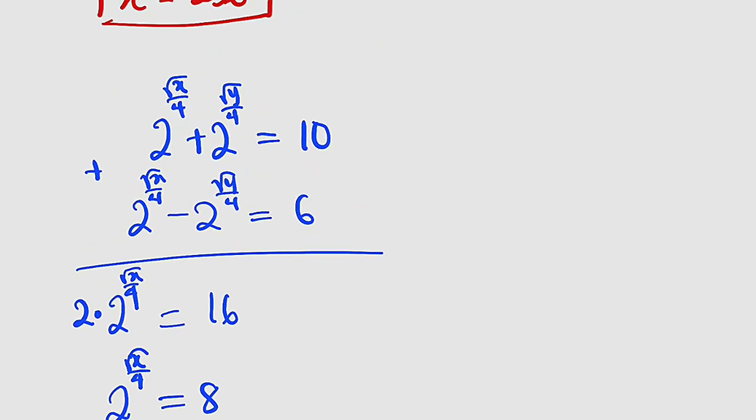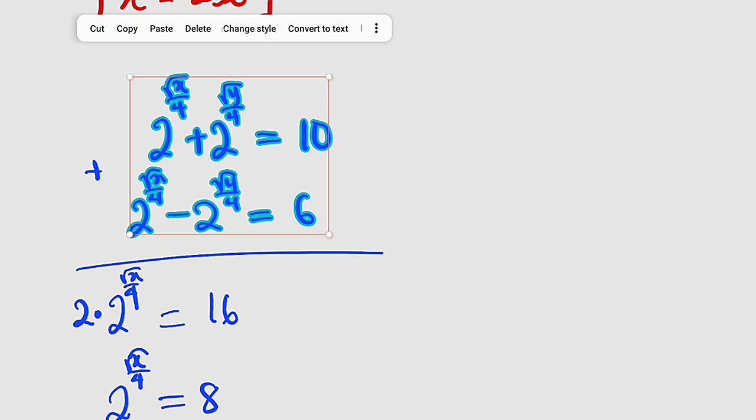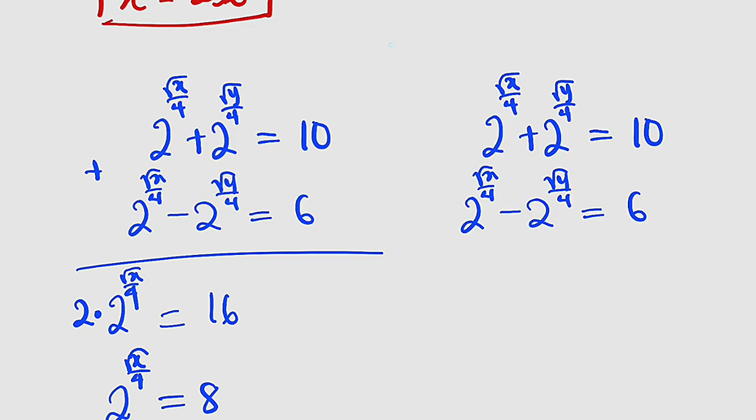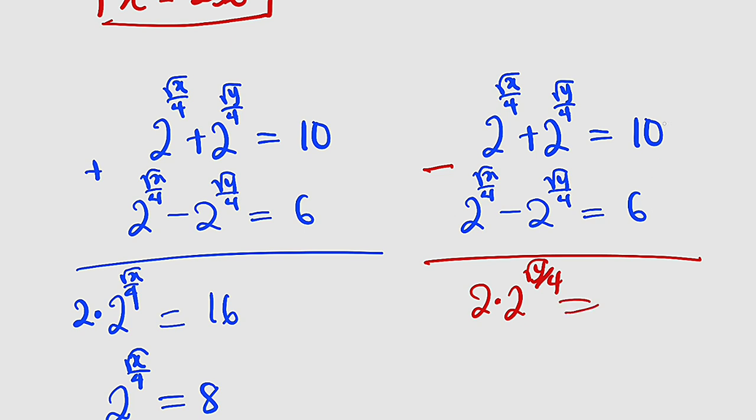Let's go ahead and find the value of y. I'm going to copy this one as well. But this time around, I'm going to subtract. If you subtract, this will be 0. This will be 2 of 2 to the power of square root of y divided by 4. This minus this will give us 4.